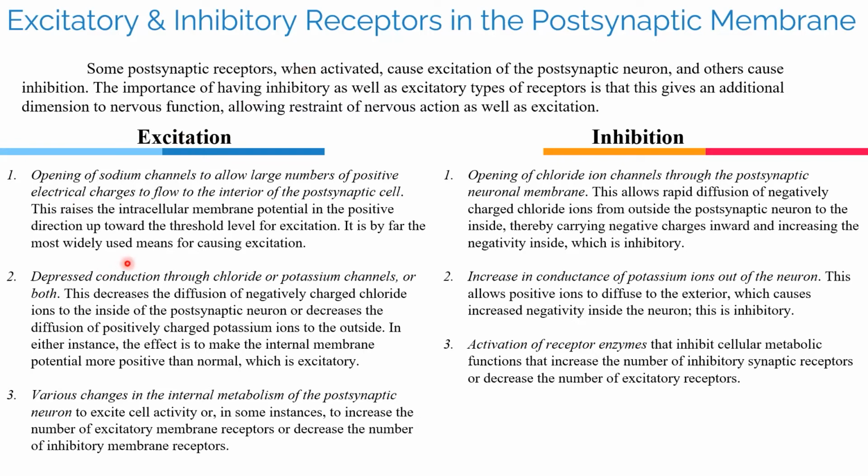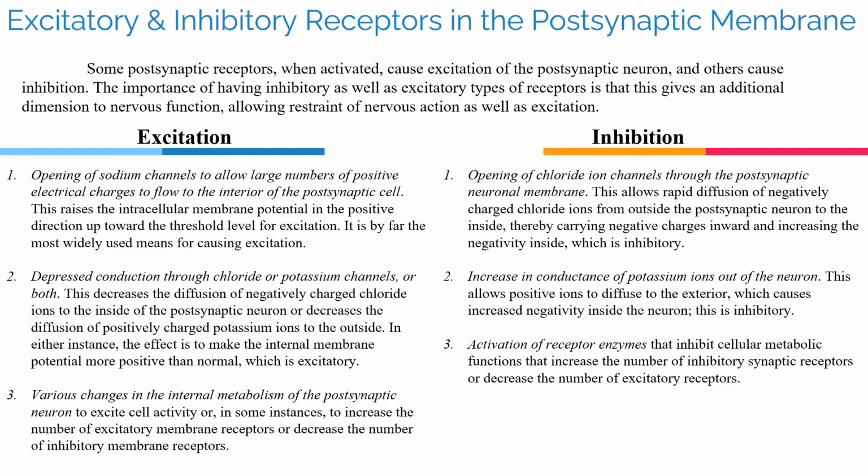Excitation of a particular nervous cell can include opening of sodium channels to allow large numbers of positive electrical charges to flow into the interior of the postsynaptic cell. This raises the intracellular membrane potential in the positive direction up towards the threshold level for excitation.